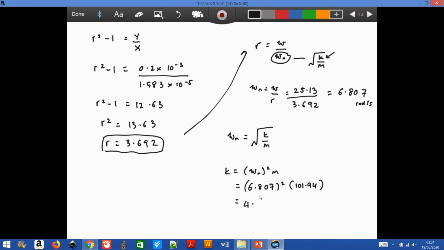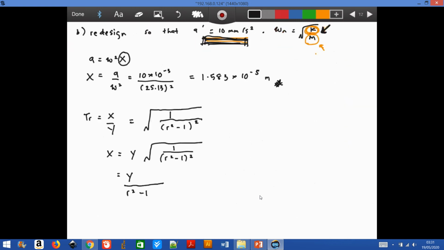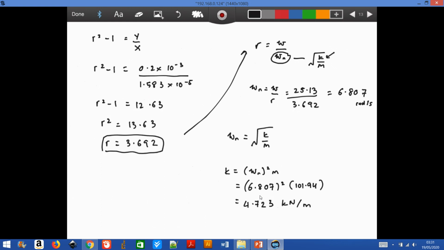We get a value of 4.723 kilonewton per meter. So in order to redesign the seat of the helicopter so that we can get the acceleration to be 10 millimeter per second squared, we need to use the spring coefficient of 4.723 kilonewton per meter.